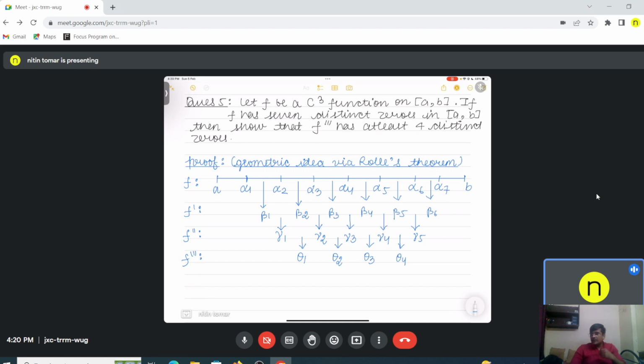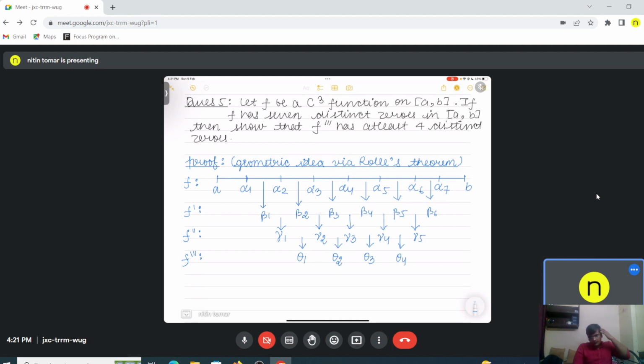So you are getting 4 distinct zeros, but are these the only 4 zeros? The answer is no, because Rolle's theorem doesn't say that it has exactly 1 zero in that interval. It says it has at least 1 zero. All these theta 1, theta 2, theta 3, theta 4 are zeros of the third derivative of f, and they are distinct as well, but there can be many other zeros.